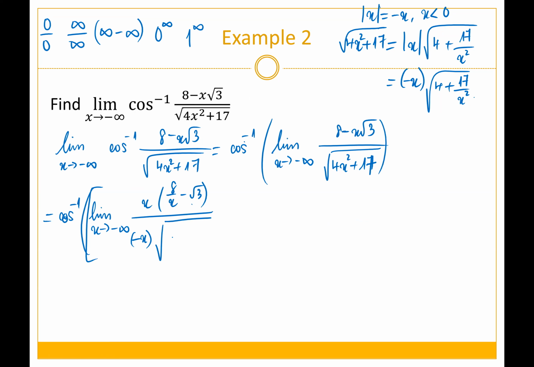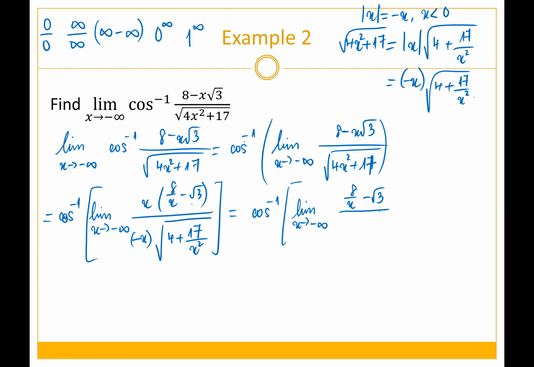Therefore, we have 4 plus 17 over x squared. So we have inverse cosine of... Now we have x and negative x, so we can cancel something out. So the limit as x approaches negative infinity of inverse cosine of (8 over x minus square root of 3) divided by negative square root of 4 plus 17 over x squared.